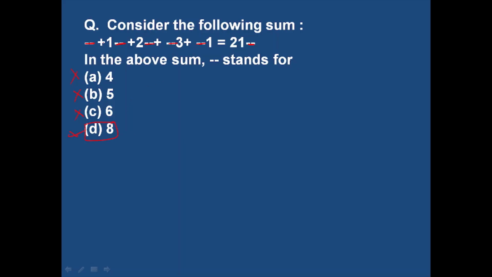Why is 8 the right answer? If we put 8, 8 plus 8, 16, 16 plus 8, 24, 24 plus 3, 27, 27 plus 1, 28. Here the unit digit comes 8. So option D will be the right answer.